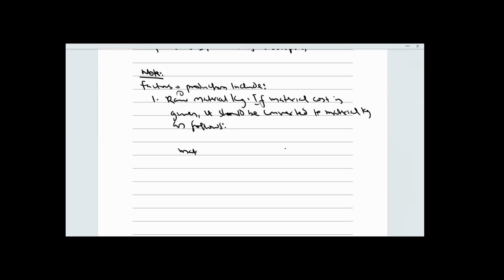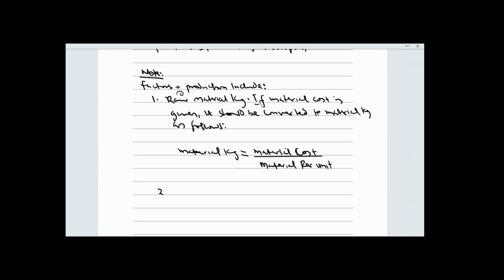So I would then say material kilogram equal to the material cost divided by material cost per unit. Okay, so that will give the material kilogram.